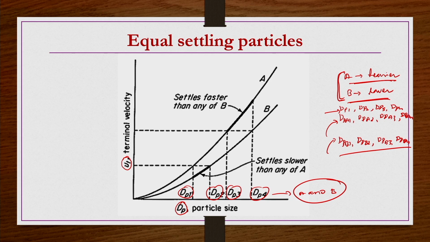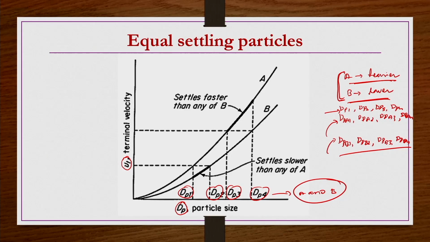Now these particles are in a mixture, and you want to separate them into two fractions, as pure as possible. So first you take different sizes of these particles individually and measure their terminal velocity within this range of dp1 to dp4, because dp1 to dp4 is the size range of the sample.